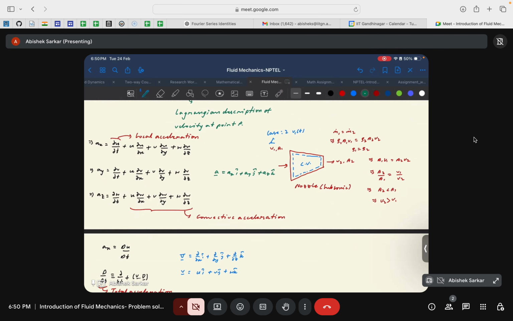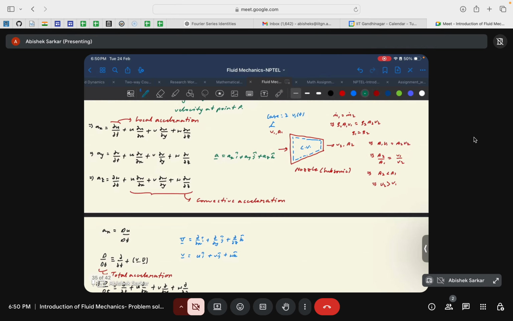In all these expressions you have the time derivative part that is uniform, one time derivative part, which we call the local acceleration, and the spatial derivative part, which we call the convective acceleration.